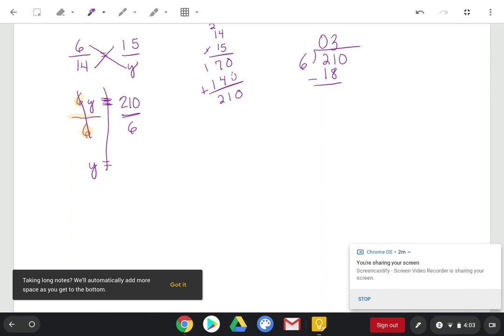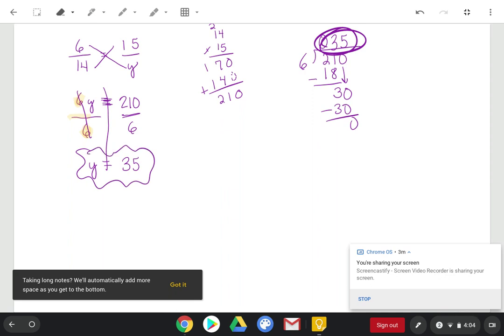And I subtract 21 minus 18 is 3. Bring down the 0. 6 can go into 30 5 times. 5 times 6 is 30, and we're done. So our answer is up here. Therefore, 210 divided by 6 is 35. Our answer is y is equal to 35.